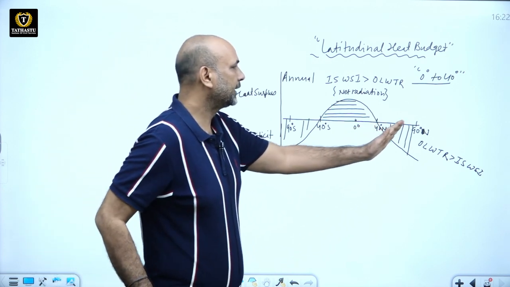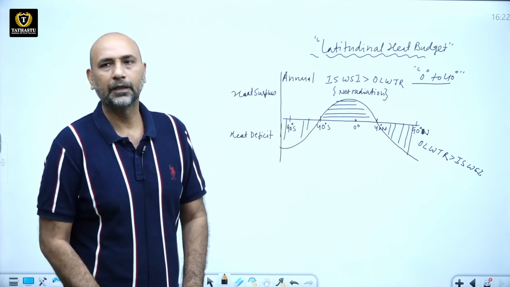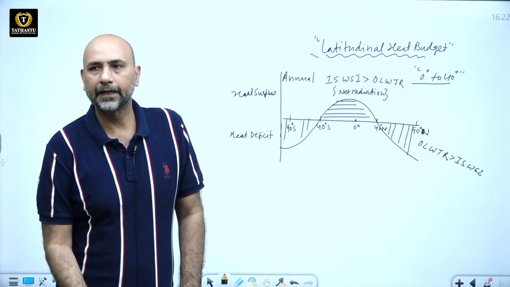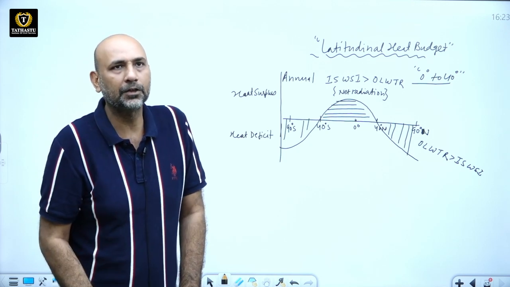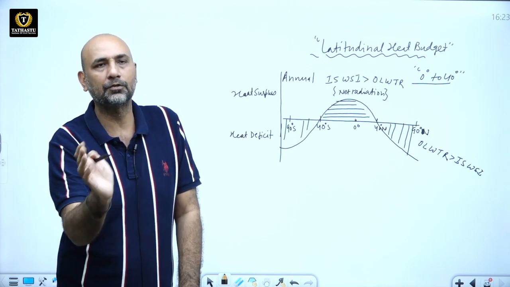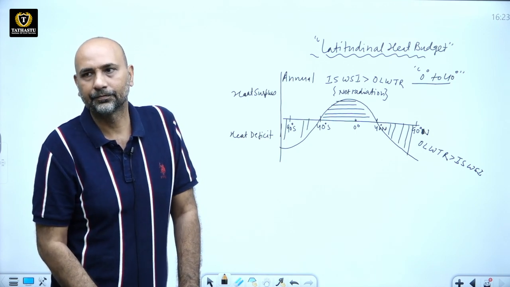And from 40 degree north to 90 degree north, 40 degree south to 90 degree south, outgoing long wave terrestrial radiation means from Earth to outer space exceed incoming short wave solar insolation from sun to Earth. So it is heat deficit zone.